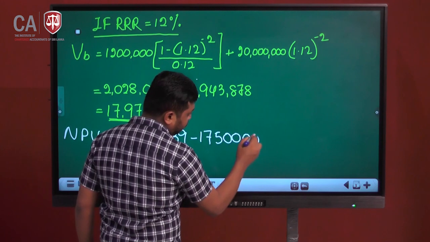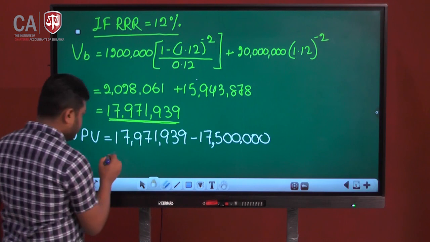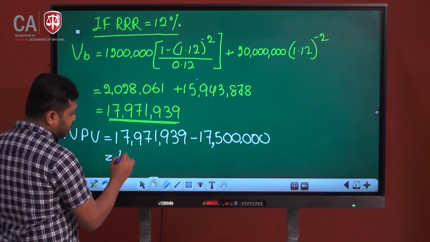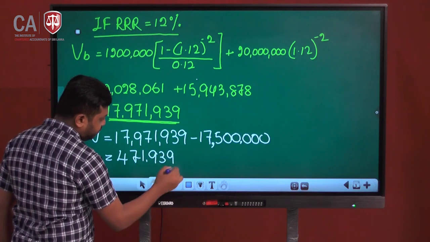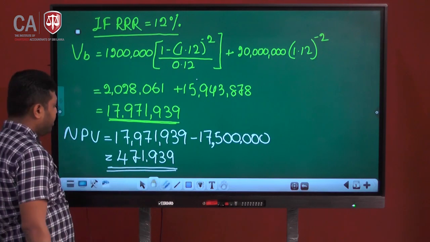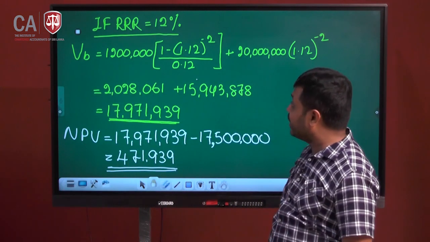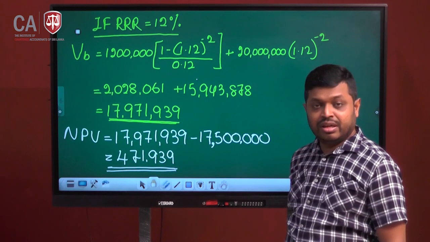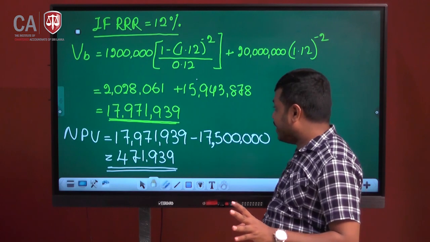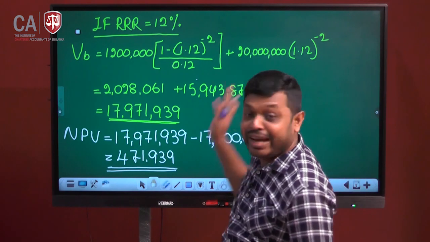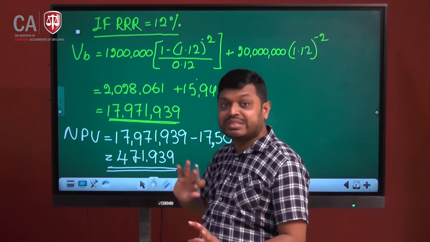There is a positive NPV of around 471,939 if your required rate of return is 12%. That means the rate which equals 17.5 million should be greater than 12%, because if it is 12% or less, definitely you won't sell it.